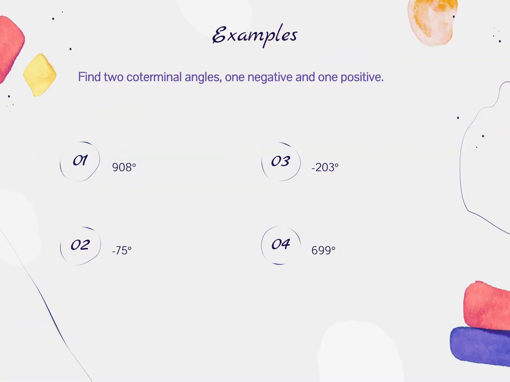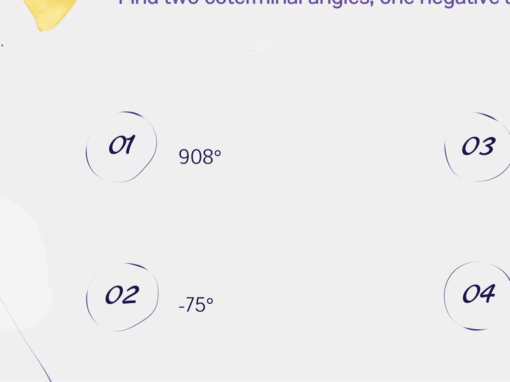All right, so we want to find two coterminal angles, a positive and a negative. I'll start with this first one. I have 908 degrees. I can either add or subtract. If you subtract 360, you get another angle. So 908 minus 360 gets you 548 degrees, and that's one of our positive coterminal angles. Now I want to find a negative.